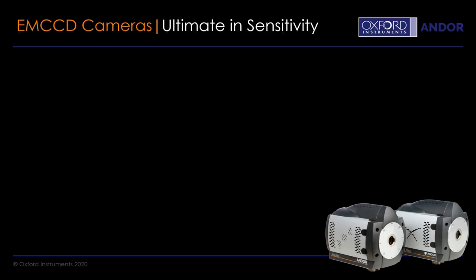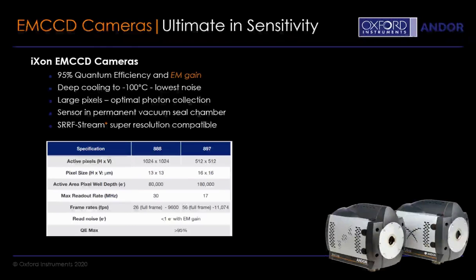EMCCD cameras have long been known for the sensitivity that they can provide, and that remains very much true today. With the Ixon EMCCD cameras, they have 95% quantum efficiency, so 95% of photons are being collected and converted into electrons, but critically they also have EM gain, which we will mention. And these cameras also have deep cooling down as low as minus 100 degrees C, so that ensures the lowest noise floor, which is very important for EMCCD cameras.